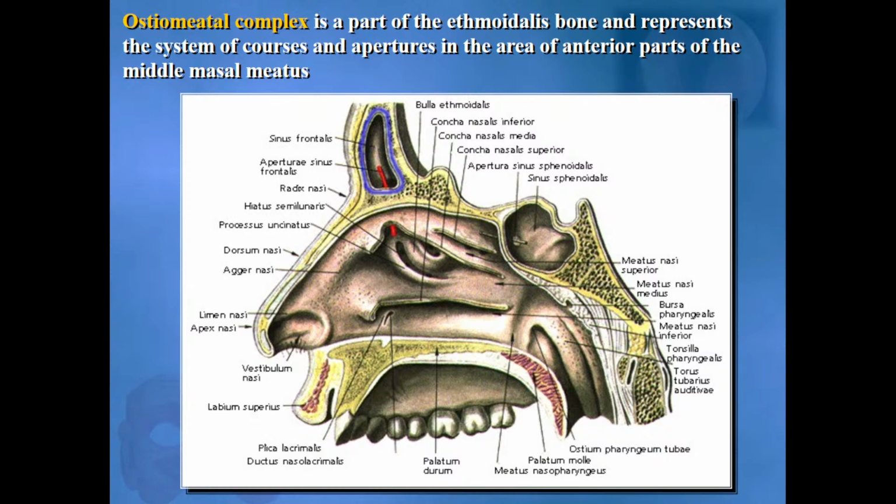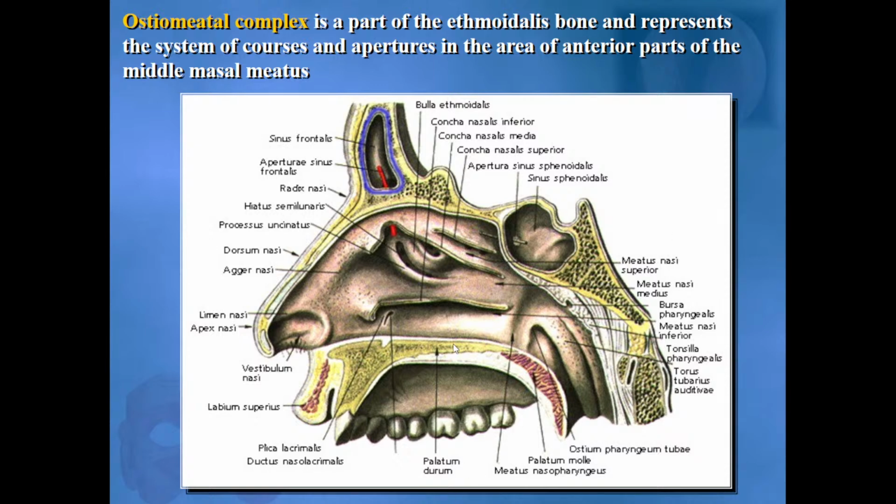So one of the most important structures of the nasal cavity is the osteomeatal complex. The osteomeatal complex is a part of the ethmoidal bone and represents a system of passages and holes in the area of the anterior parts of the middle nasal meatus.